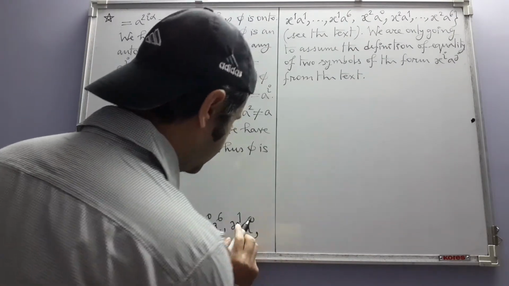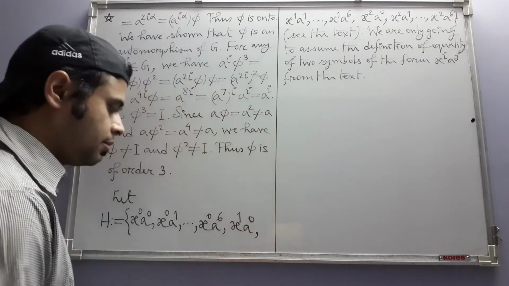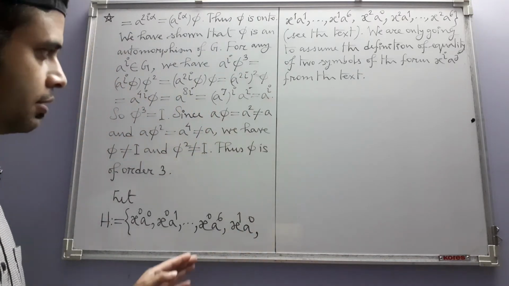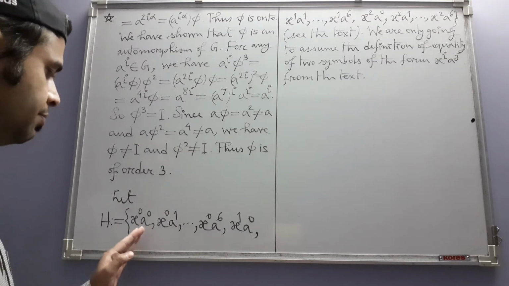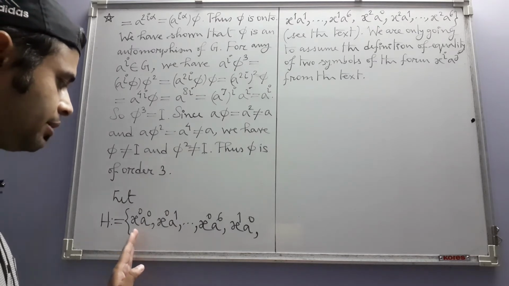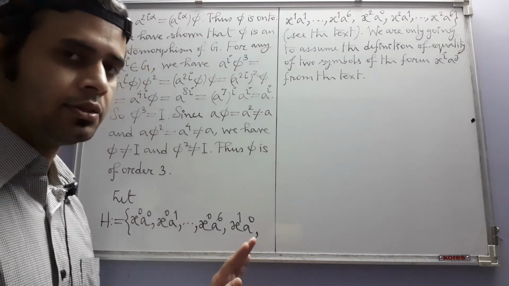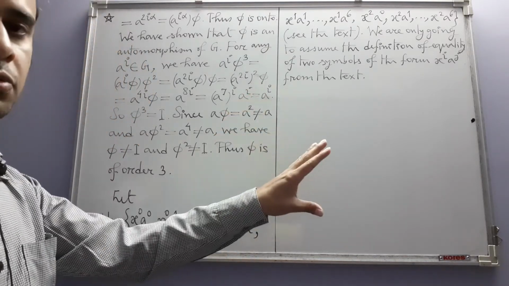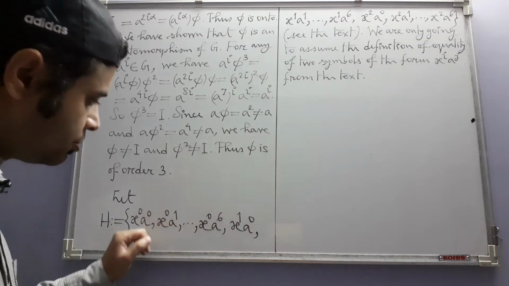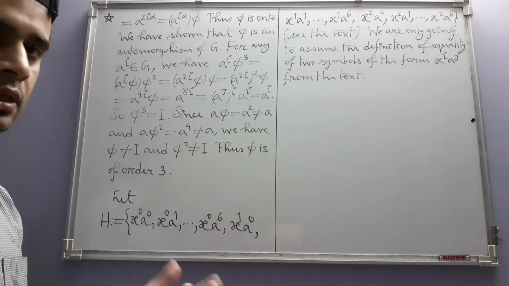In fact, even before introducing the binary operation, you can see that by the definition of this set H and by that criterion for equality, there are 21 elements in this set.